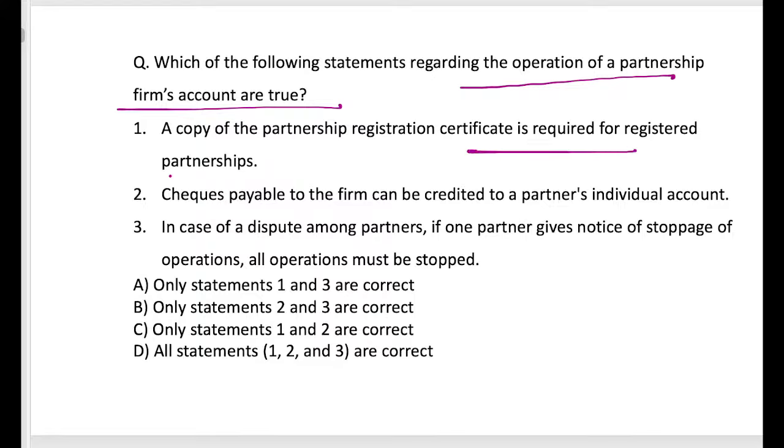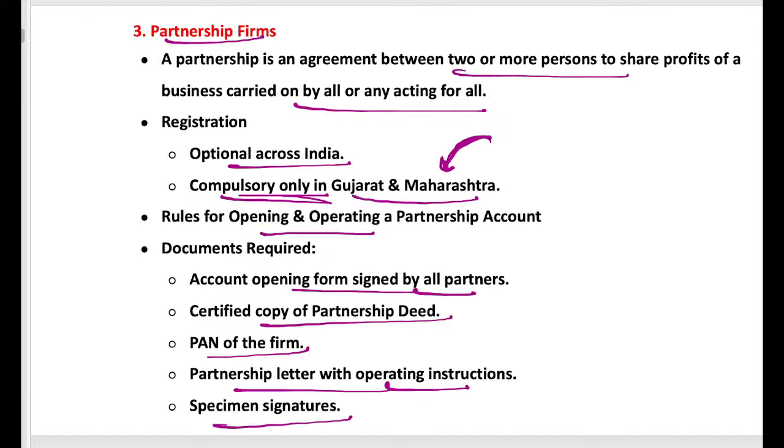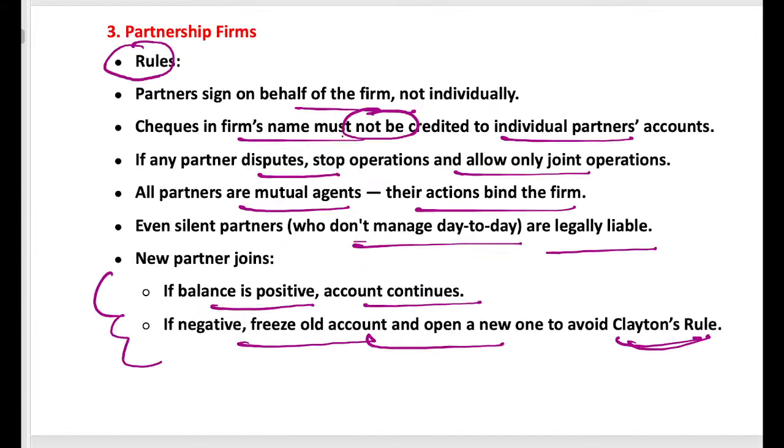For a registered partner, if it is available, yes. Cannot credit it to an individual account. Yes, okay. So 1 and 3 are true, meaning option A only will be the right answer for this particular question. Very good, guys.